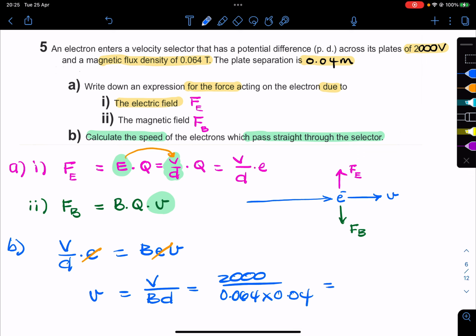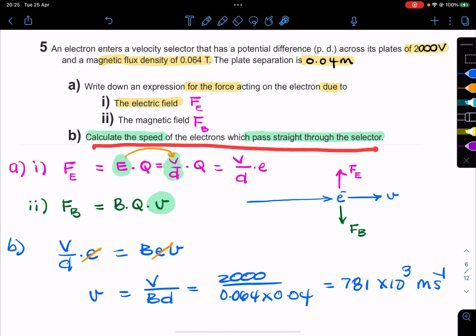So it's 2000 divided by 0.064 times 0.04, which is 781 times 10 to the power 3 meters per second.